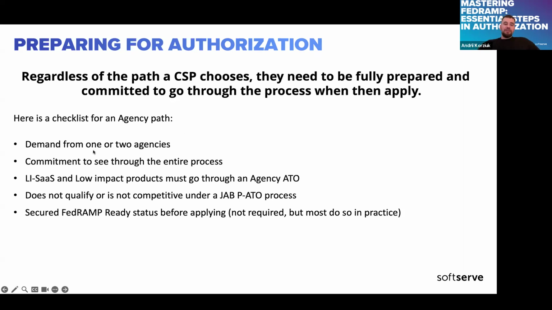So first of all, you need to have a demand from one or two agencies, and a commitment to see through the entire process. Low impact products must go through the agency ATO, as they do not qualify or are not competitive under a JAB P-ATO process. Secure FedRAMP Ready status before applying, not required, but most do so in practice.